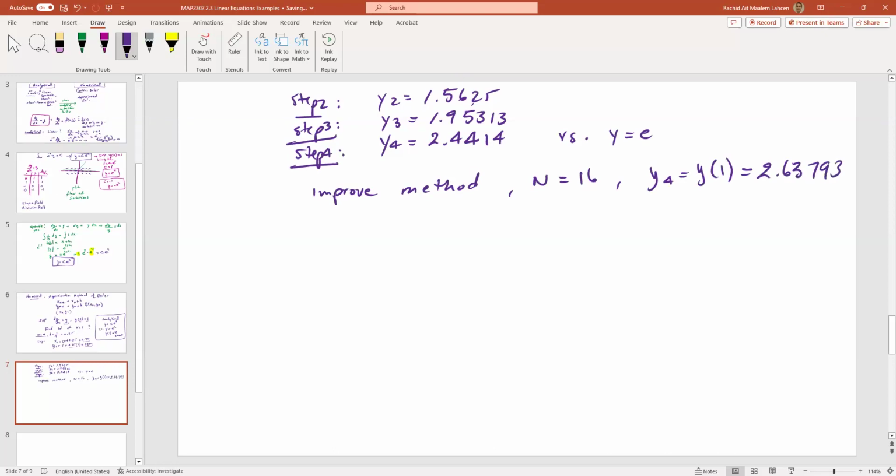So the method does converge, which means I got this. Now I increase the steps, I got this, which means I'm getting closer to the exact solution. And I will show you that in there.